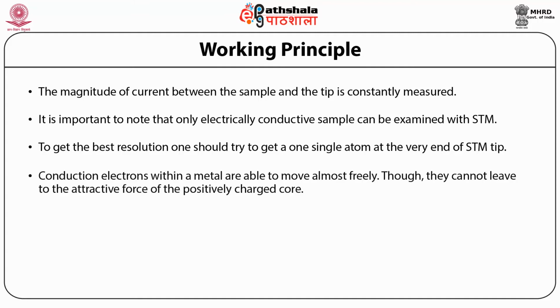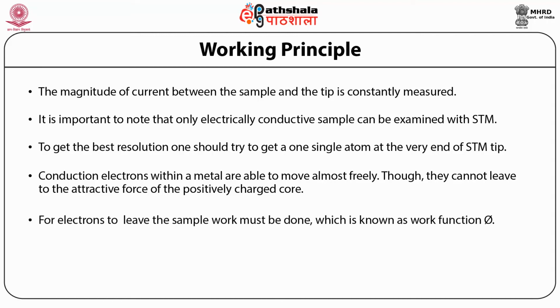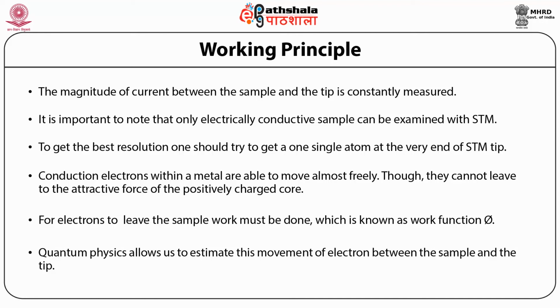The conduction electrons within a metal are able to move almost freely, though they cannot leave due to the attractive force of the positively charged core. For electrons to leave the sample, work must be done, which is known as the work function phi. Quantum physics allows us to estimate this movement of electrons between the sample and the tip.